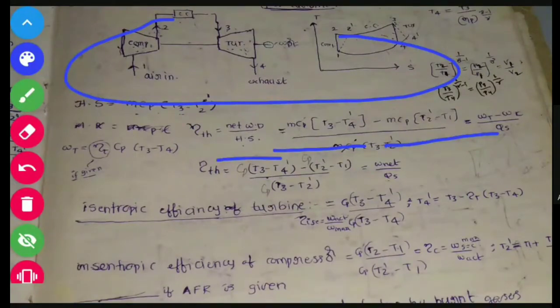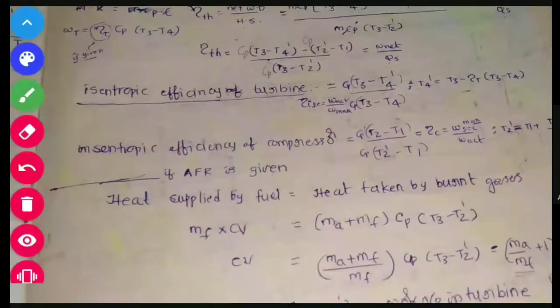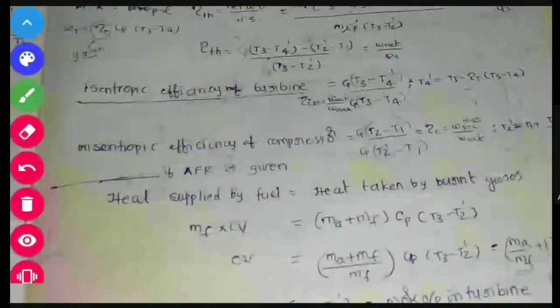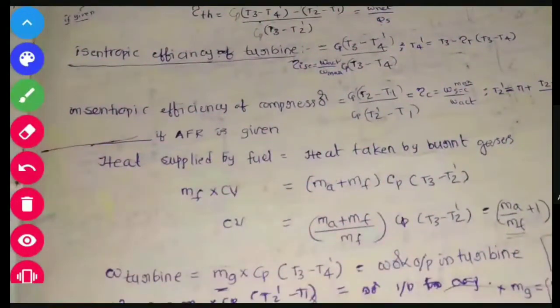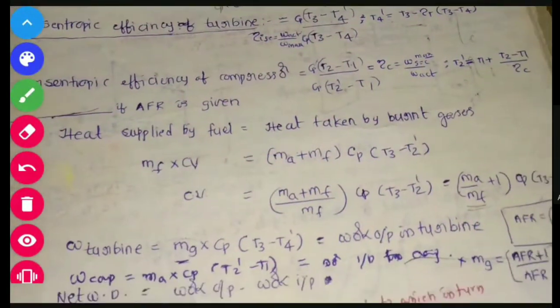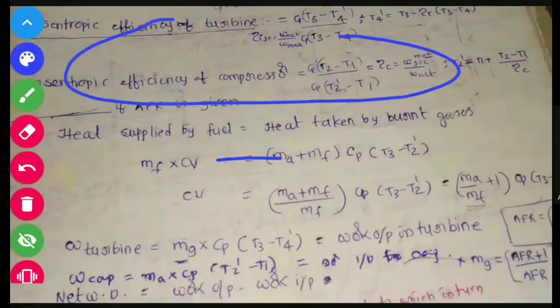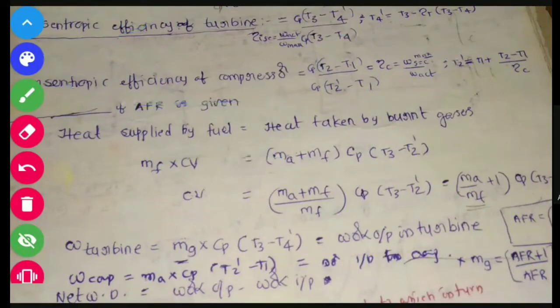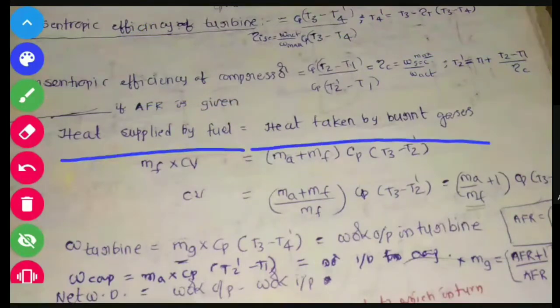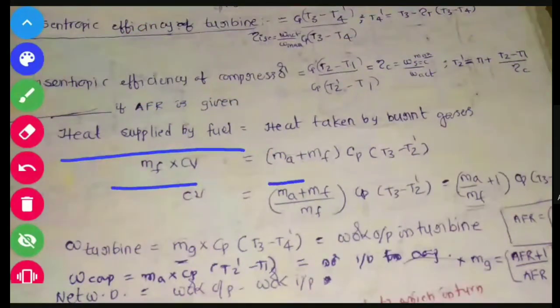Similarly, if air fuel ratio is given or related to air fuel ratio, I already told you in the open cycle gas turbine, the relation is heat supplied by fuel is equal to heat taken by burnt gases. That is Mf into CV equals (Ma plus Mf) into Cp(T3 minus T2 dash).